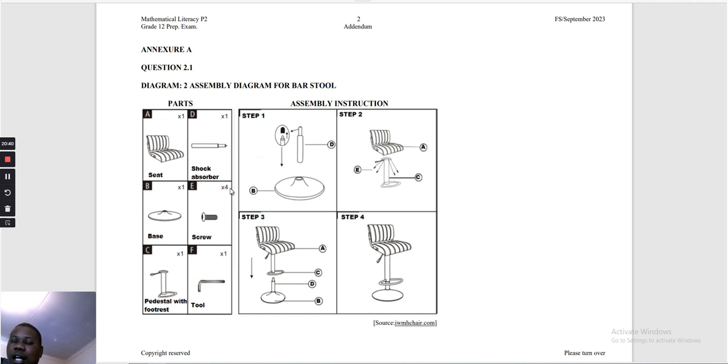It means now we're going to screw the A with C. Then the next step, number 3, we put C and A together. That means the seat and the pedestal with the footrest. Then we push the whole combination down onto the base and the shock absorber. So that is number 4, that is the chair. Okay, but let's go to the questions.